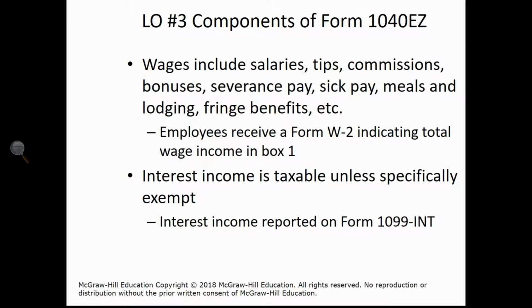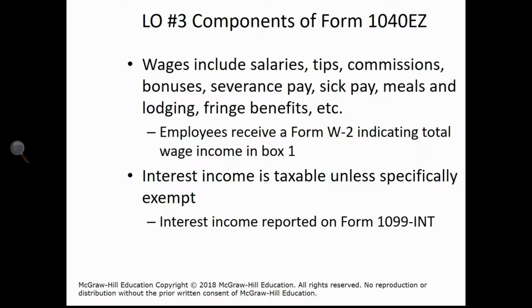So what is income then? Wages, salaries, tips, commissions, bonuses, severance pay, sick pay, meals, lodging, etc. And so we receive a W-2, don't we, usually by January 31st of the following year. That gives us some information regarding the amount of earnings and withholdings that we had during the year from our employers.